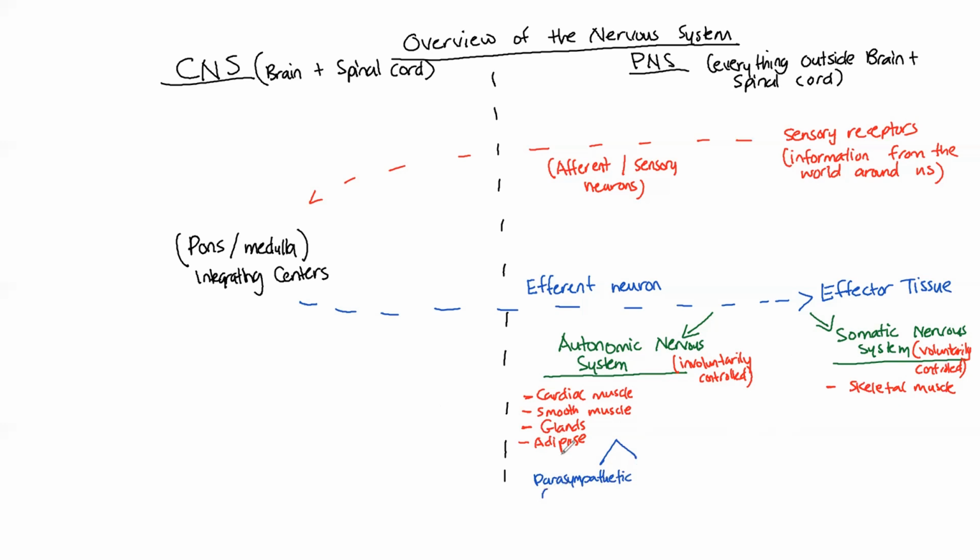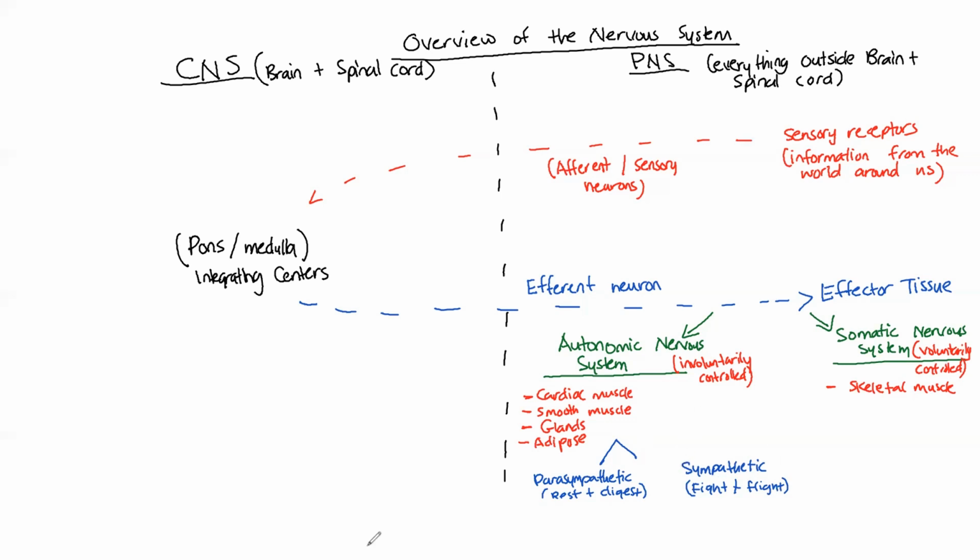This is the area of our autonomic nervous system that governs rest and digest, the slowing down of body functions, versus the sympathetic, which we refer to as the fight or flight. This is going to be the speeding up or increasing of body functions.